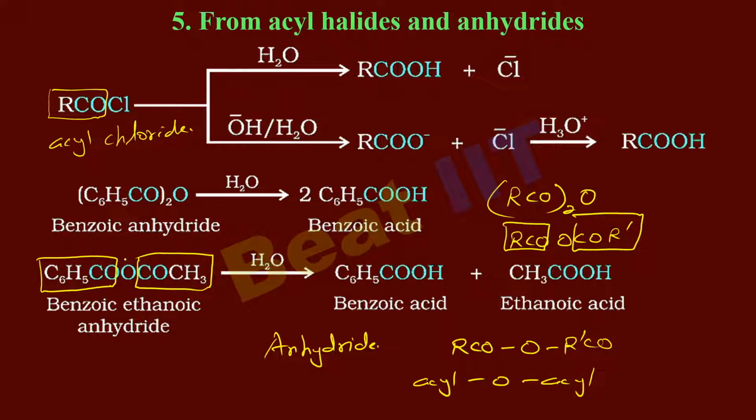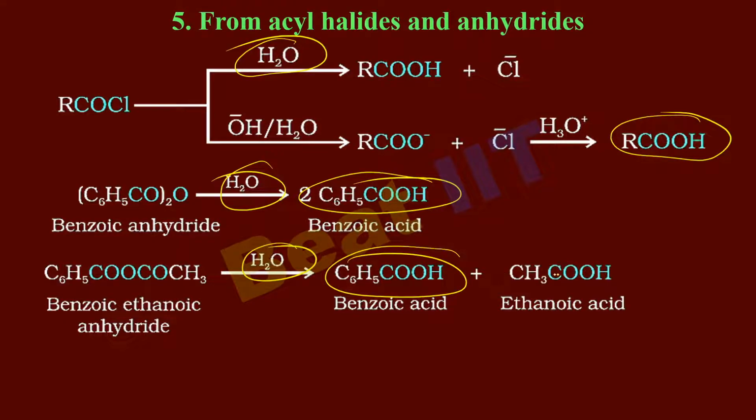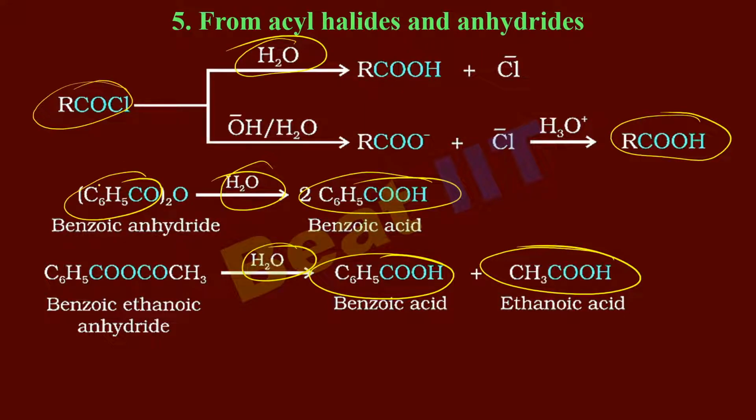But all these compounds have acyl groups. When you react these with water, it is simple hydrolysis. Acyl halides and anhydrides on hydrolysis will give you carboxylic acids. Where the acyl groups are not the same, you will get two carboxylic acids pertaining to the two different acyl groups. If you have the same acyl group, you will get one carboxylic acid.